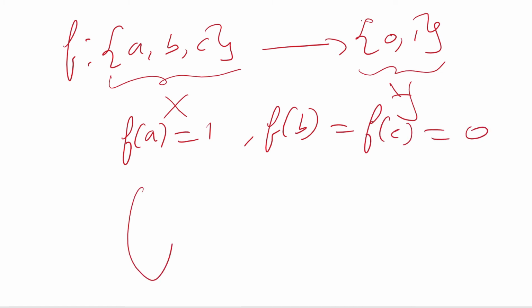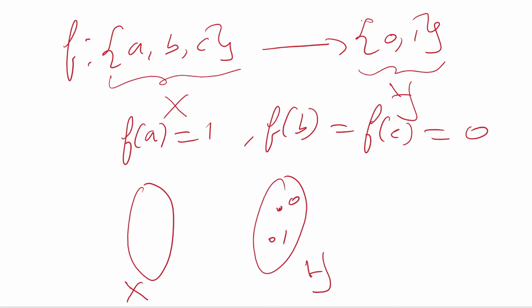You can represent it this way. This is the domain, this is the codomain, y. In the codomain we have 0, 1, and in the domain we have a, b, c.